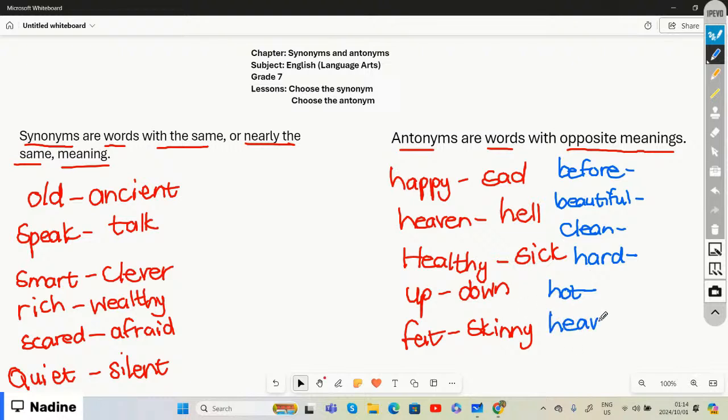Opposite of heavy. And the last one, the opposite of tall. You need to tell me what is the opposite of before, beautiful, clean, hard, hot, heavy, and tall. So, what is the opposite of those words?